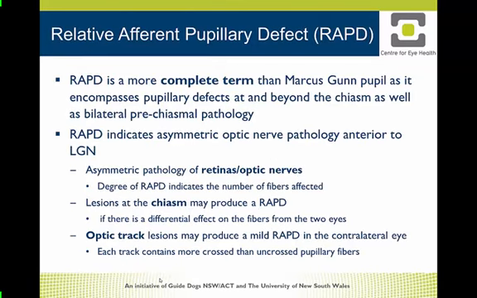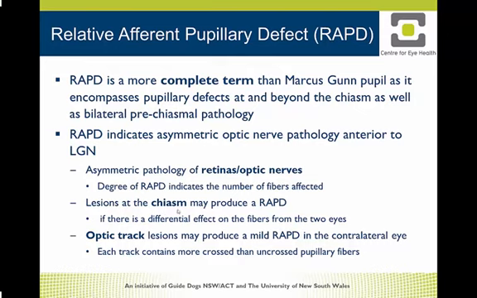So what is an RAPD? So effectively what we're doing is looking at the relative pupillary response by doing the swinging flashlight test. And if there is an asymmetry in the pathology, whether it be retina and optic nerve, you will see a small relative afferent pupillary defect. If you're looking for an absolute defect, it's much harder to identify an absolute, but it's much easier to look for relative changes.